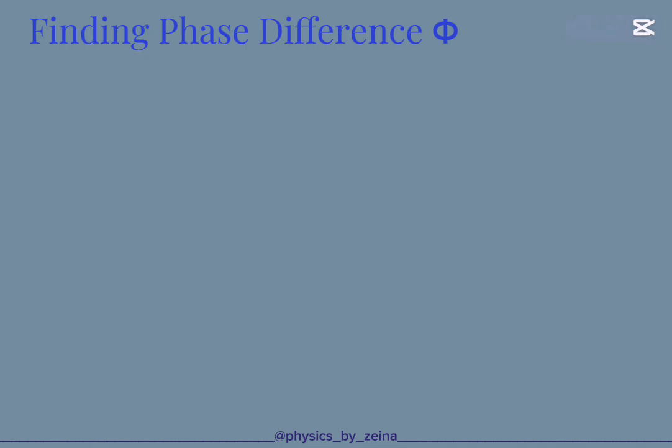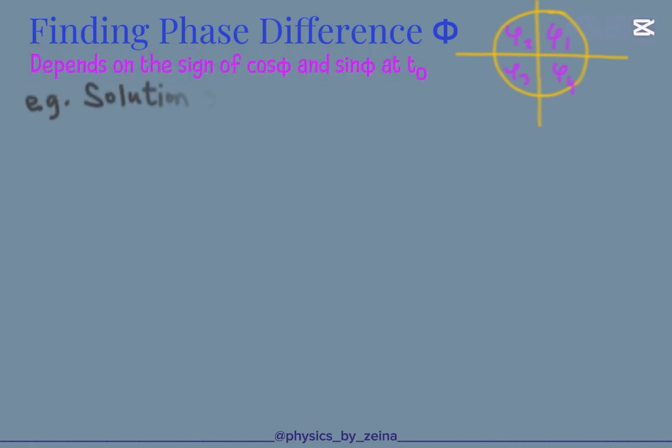The last thing you have to find is the phase difference phi. However, there are 4 possible phase differences and one is correct. The valid phi depends on the sign of both cosine phi and sine phi at t0. For example, the solution for the second order differential equation is a cosine function, x equals x max cosine omega t plus phase difference.